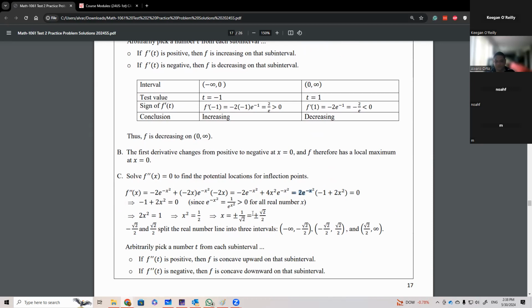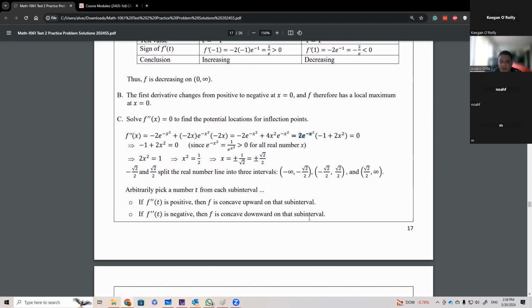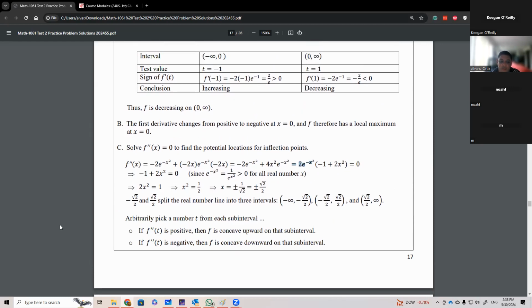Okay? And so that's going to give me a split of the real line in 3 pieces, from minus infinity to minus the square root of 2 over 2, from minus the square root of 2 over 2 to square root of 2 over 2, and from square root of 2 over 2 to infinity. Now we pick a number in each of these sub-intervals, and we check what is the sign for the second derivative.